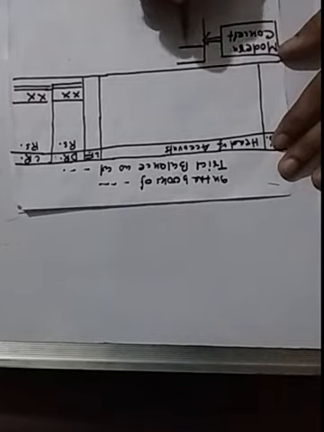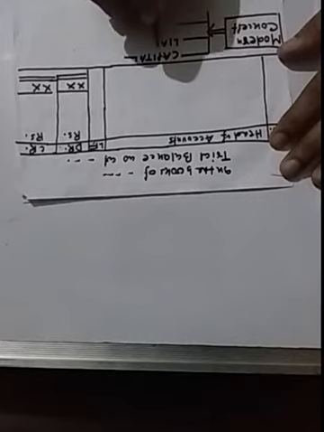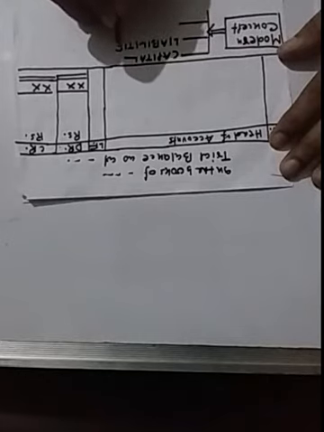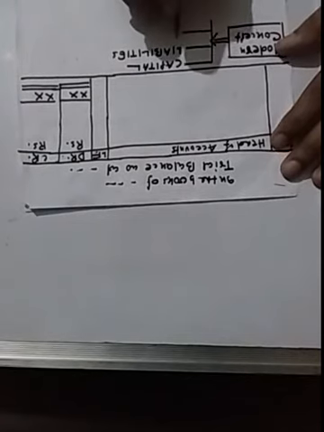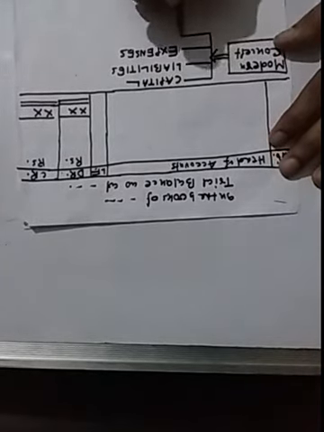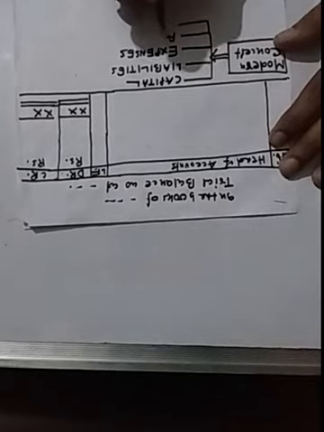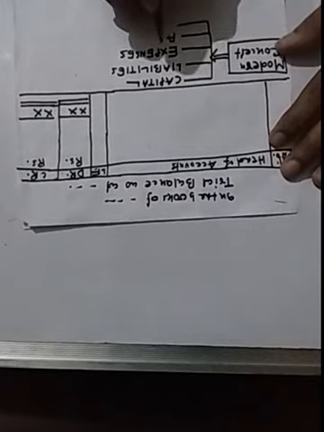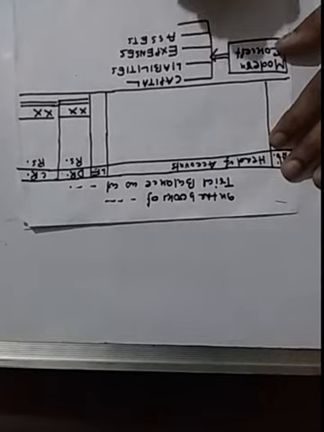Under the modern concept there are 5 elements: first is capital, second is liabilities, next is expenses, next is assets, and the next one is revenues.